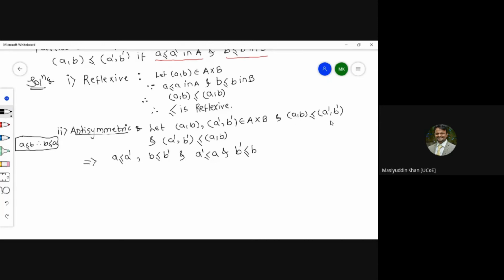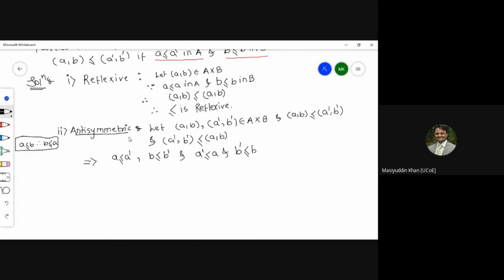For this part we write these things using these conditions, and for the second part, (a', b') ≤ (a, b), we write according to this concept. Now one by one we have to check whether this part is defined and clear.